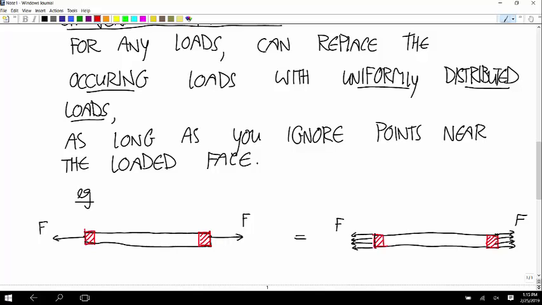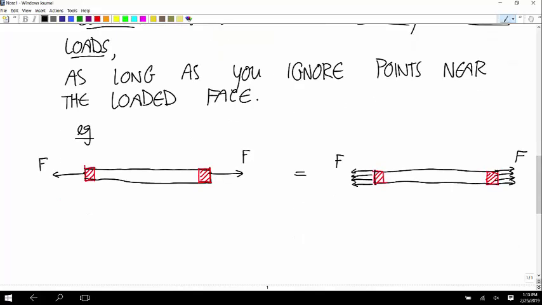And why don't we want to use the points close to the loaded faces?